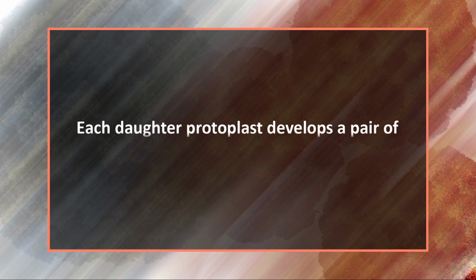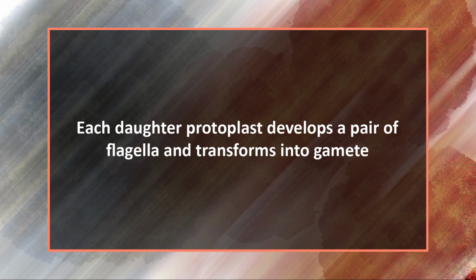Each daughter protoplast develops a pair of flagella and transforms into a gamete. The gametes are liberated by breaking the cell wall of the gametangium.